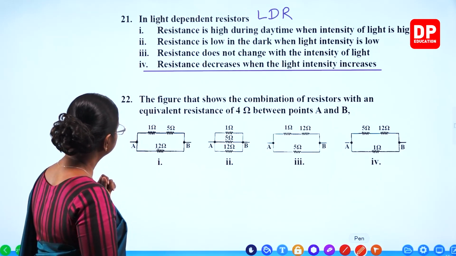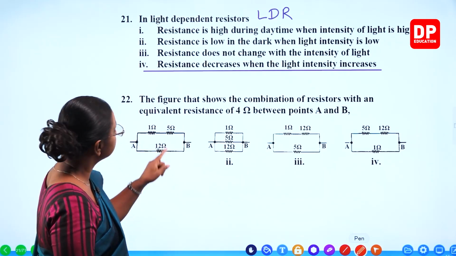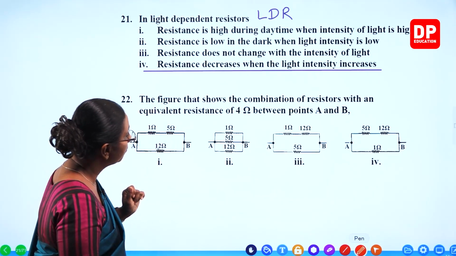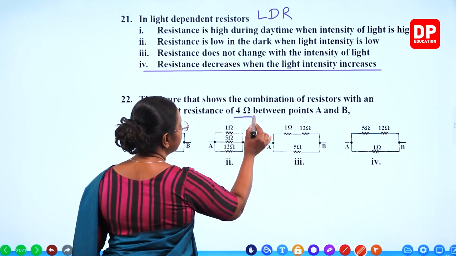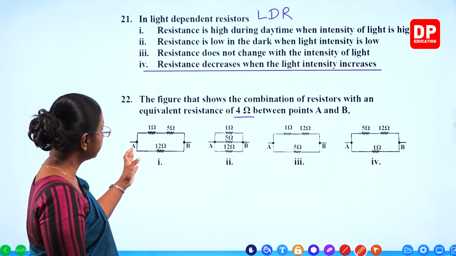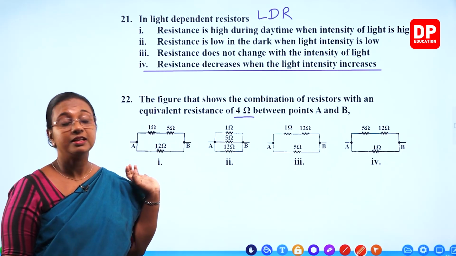Then question 22. The figure that shows the combination of resistors with an equivalent resistance of 4 ohm between points A and B. So we need to find the equivalent resistance as 4 ohms. If the resistance of the circuit is equal to that, then that is the correct figure.